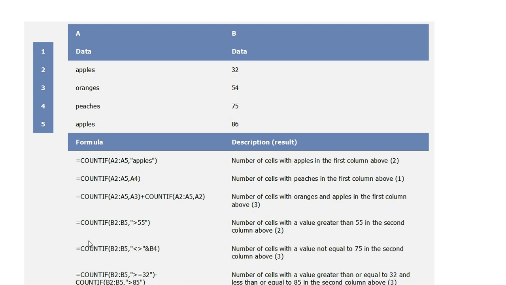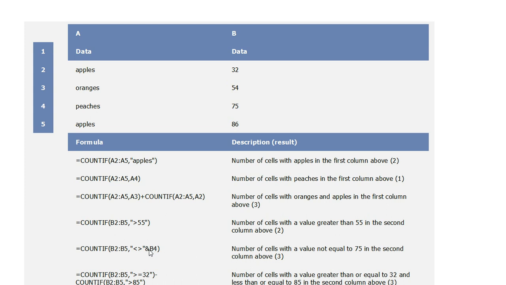Let's go to the next example. CountIf. Here, what are we counting? We are counting the number of cells with a value not equal to 75. Since we know the meaning of this operator, we are saying count the number of cells with the values that are not equal to the value that is found in cell B4.